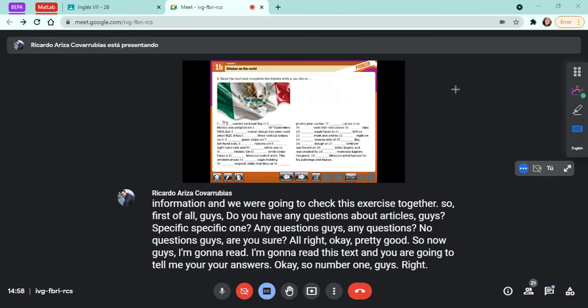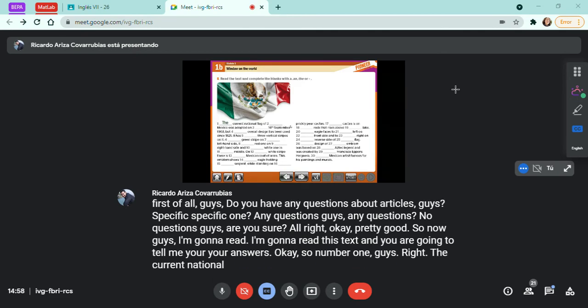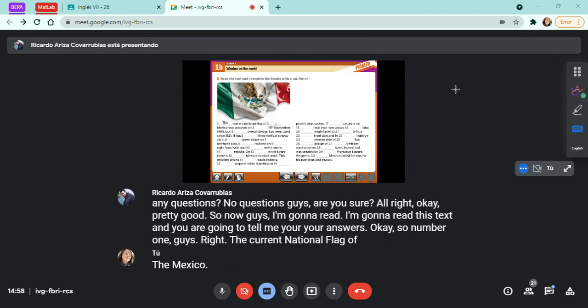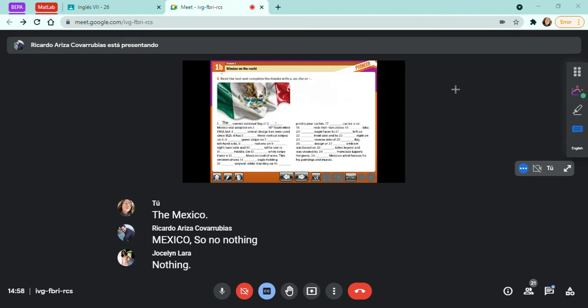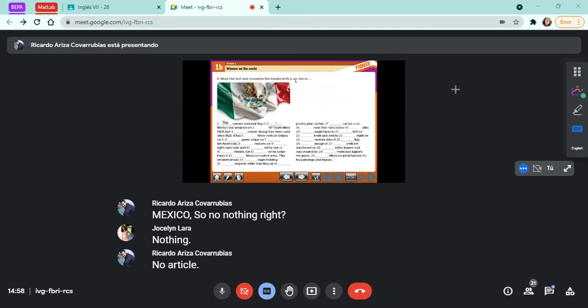Right. The current national flag of Mexico. So nothing, right? No article. So here you have the options, guys: a, an, the, or nothing.